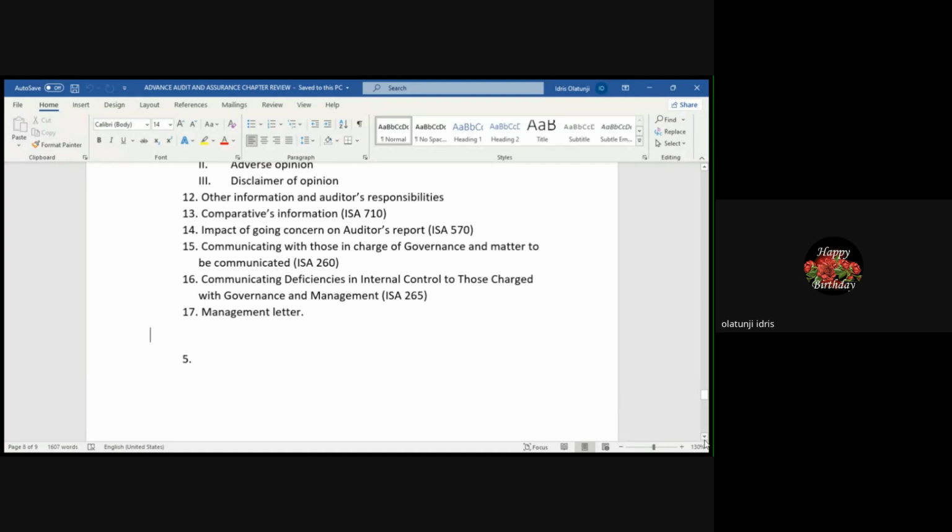So in order for the people in charge of governance to place reliance on the account prepared by the accountant, that is why they engage your service as assurance engagement. But assurance services are done by an auditor, but do not relate to review or audit of financial statements. That's the difference between the two.